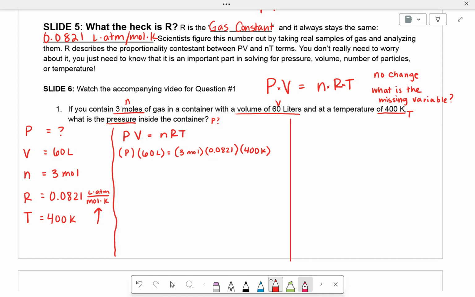Okay, because what we can do now is multiply what we know. We can multiply these 3 together. So 3 times 0.0821 times 400 gets you 98.52. On this side, we still have P times 60 liters equals 98.52.